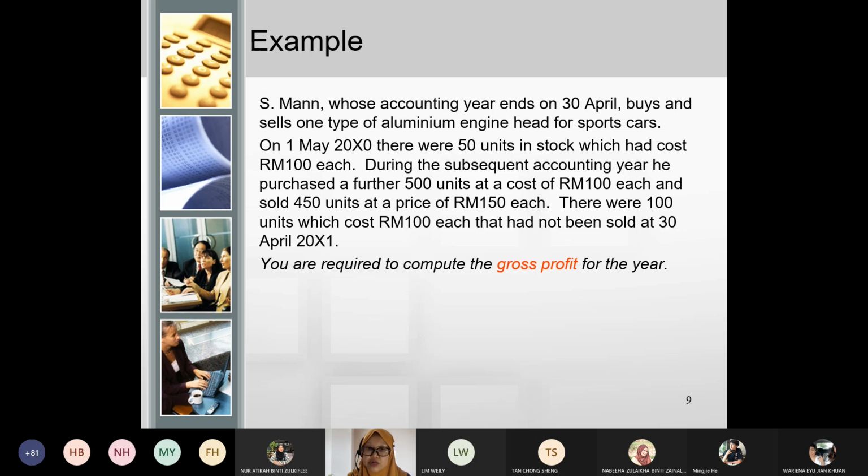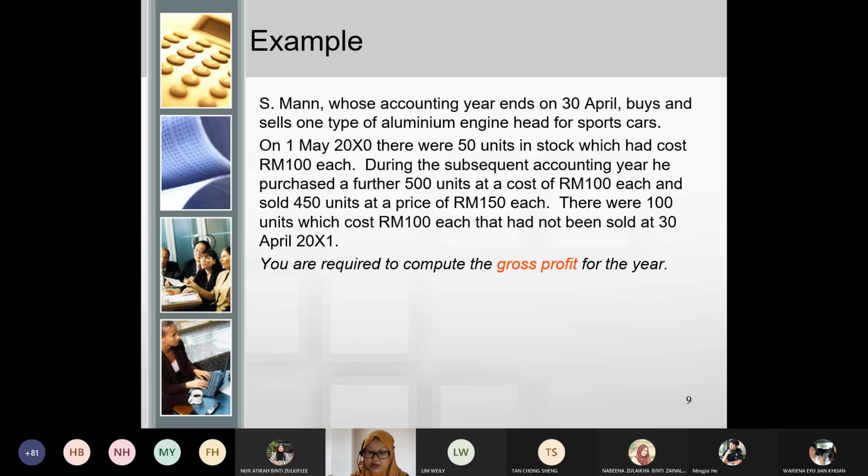During the subsequent accounting year, he purchased an additional 500 units, also at 100 ringgit per unit, and then he sold 450 units. The selling price is 150 ringgit. So 100 units, the cost of which is 100 ringgit each, had not been sold at 30th April.